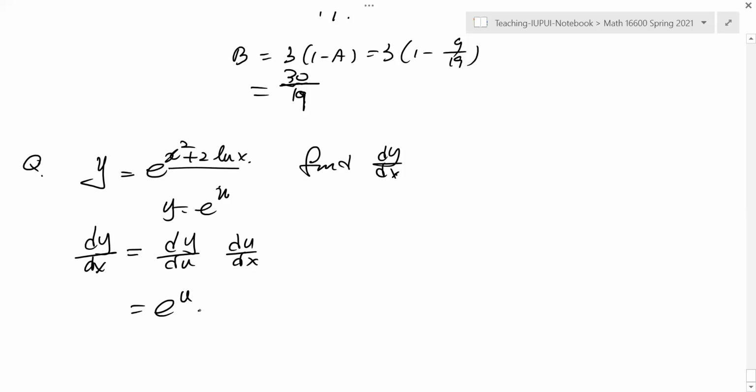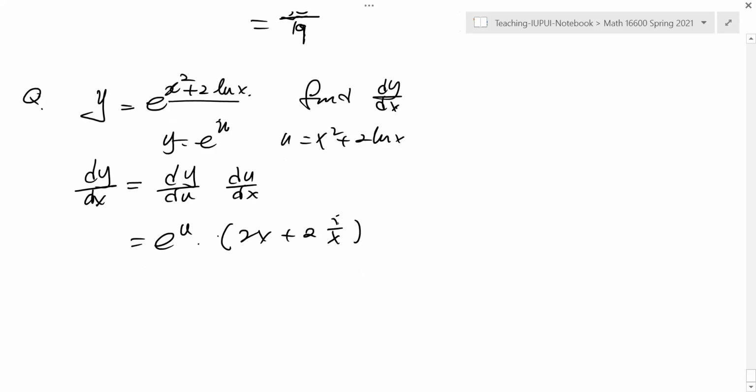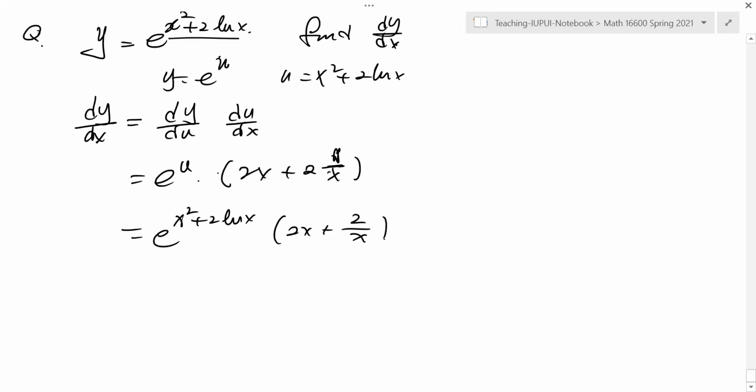So e to the u is not changed, and du over dx: u is x² + 2 ln x, so it's 2x + 2 times 1 over x. That's it. Then simplify, and you get the answer.